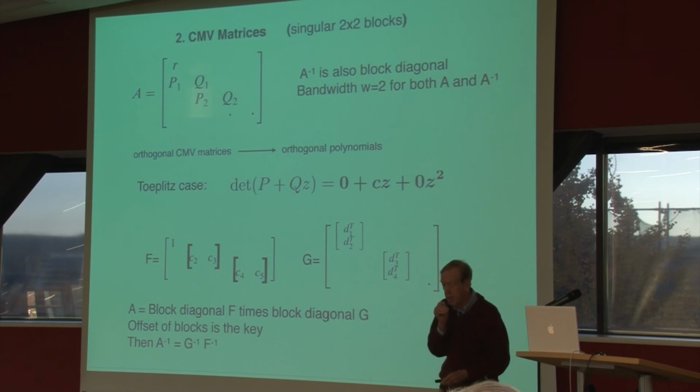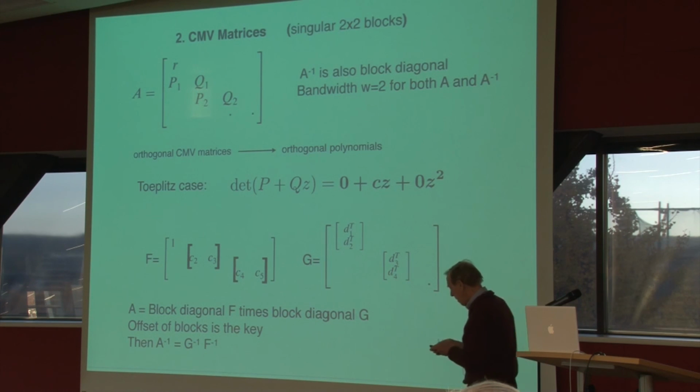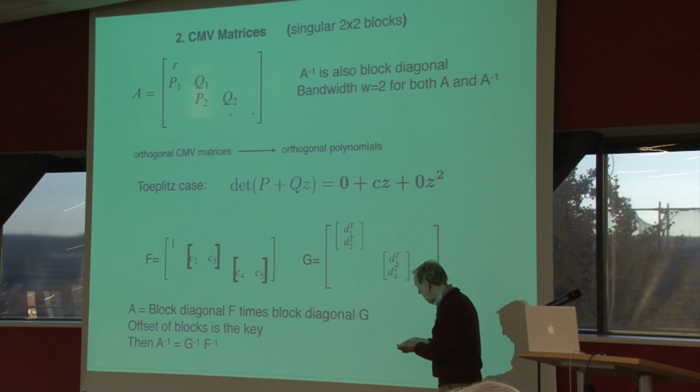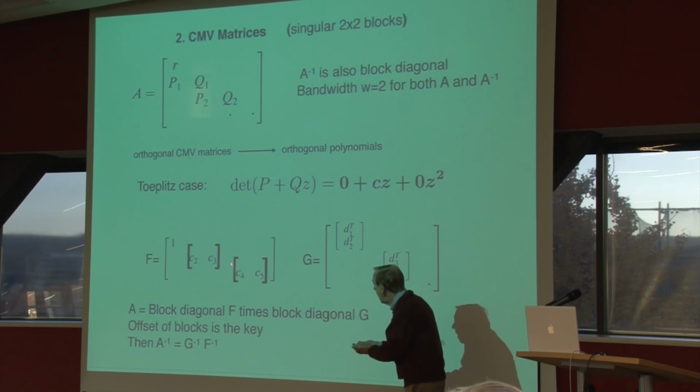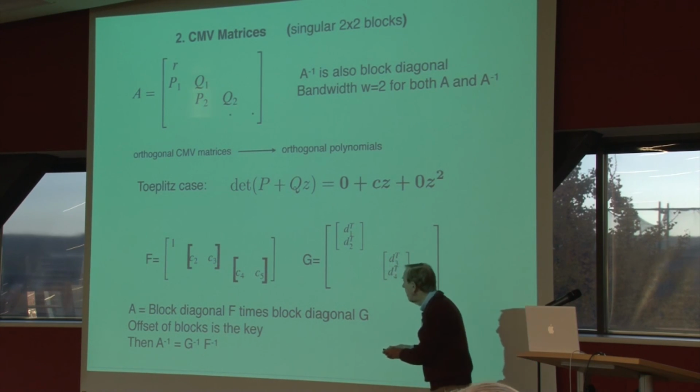But do you see the key point here that makes everything work? The key point is that the blocks in the G matrix are offset. They're halfway between those blocks.